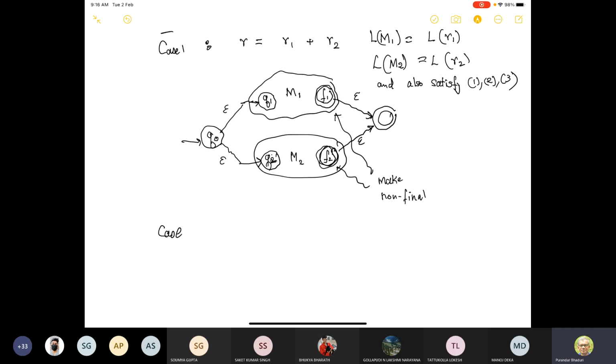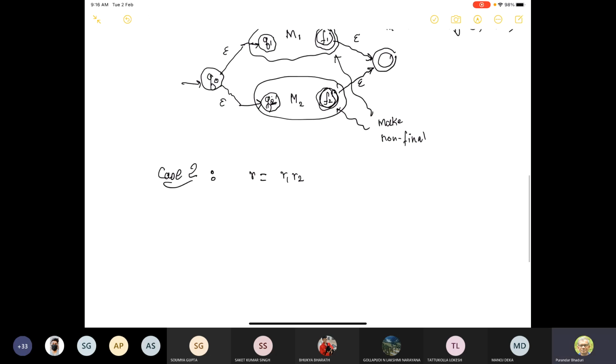Case 2. R equals R1 followed by R2, or dot, if you want, right? So this will be like the automaton.